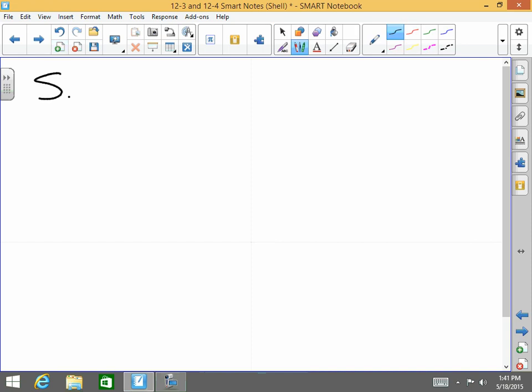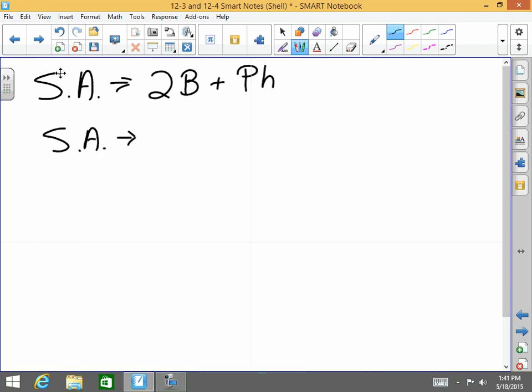remember that the surface area of any prism is 2 times base area plus perimeter times height. In other words, the lateral area. And then for the surface area of a pyramid, there were two different equations.